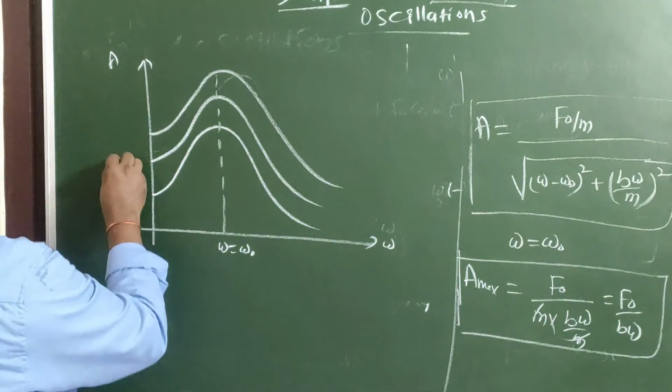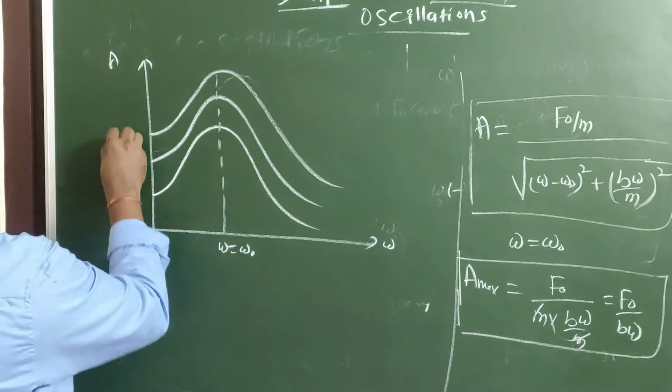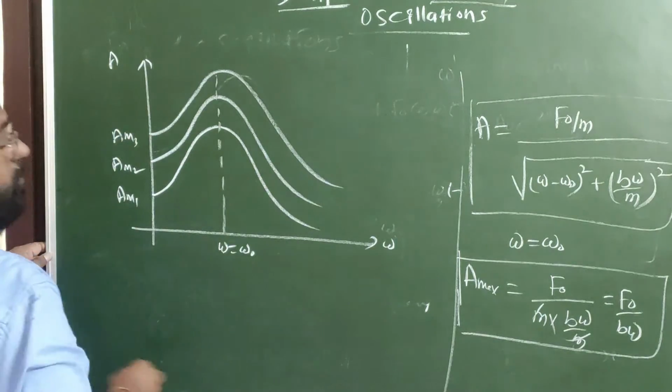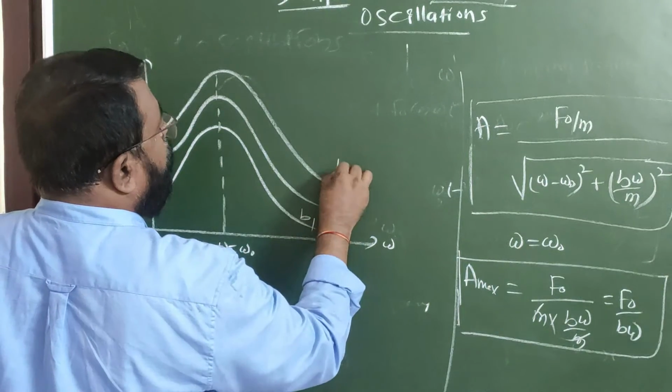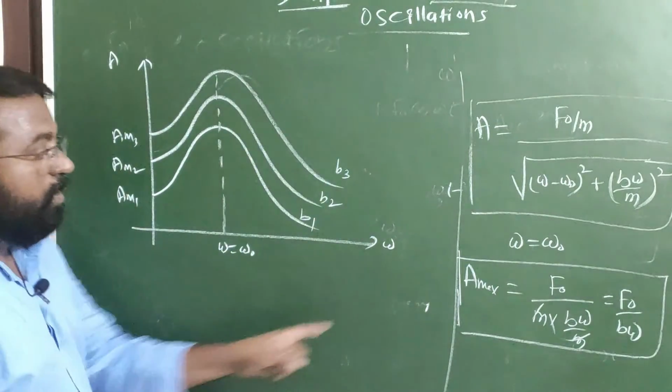This is A max 1, A max 2, A max 3, with damping coefficients b1, this is b2, and this one is b3.